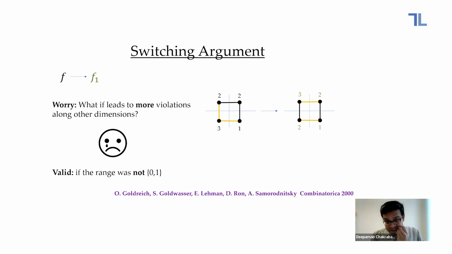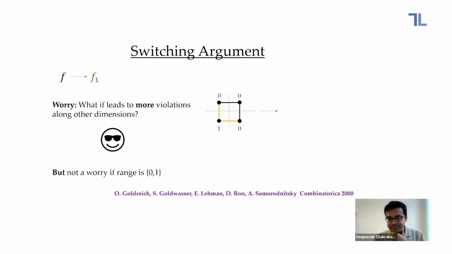And indeed, that's why this paper, this d by epsilon, only worked for Boolean range functions. But the nice thing is that this worry does not manifest itself with Boolean valued functions. And maybe the reason, again, with a similar cartoon picture, if I actually had Boolean values which got me to this kind of a picture where I had a violation here and a violation here, then I'm forced to have these values 1, 0, 0, 0.